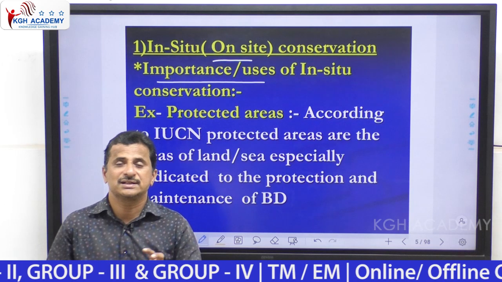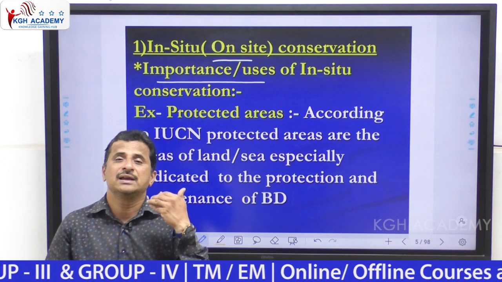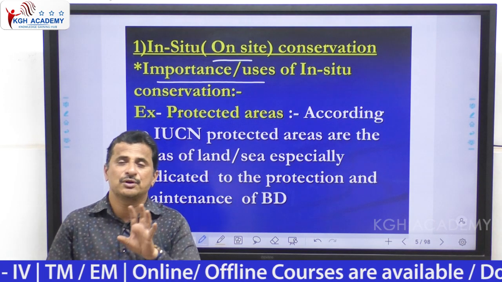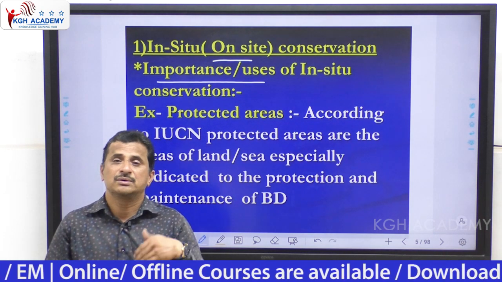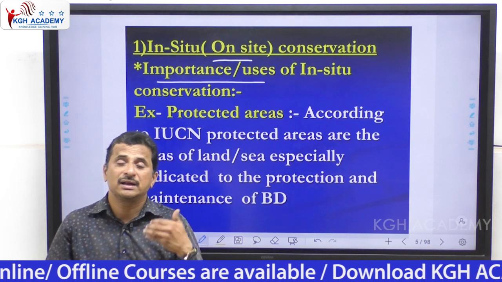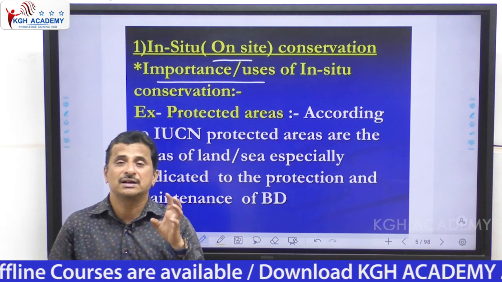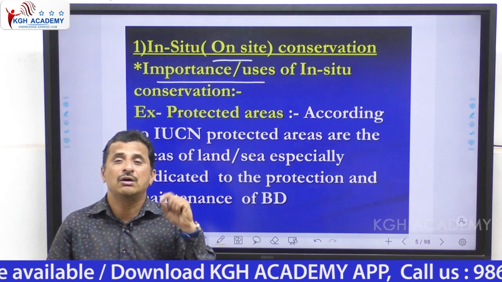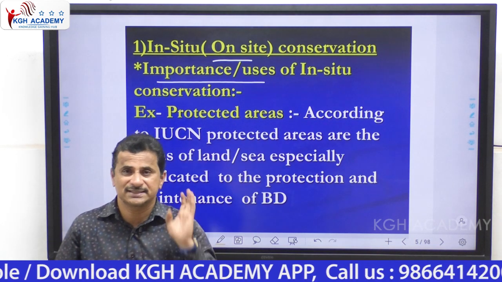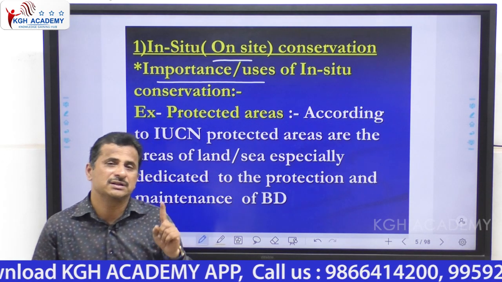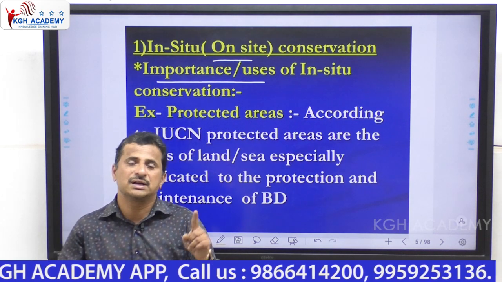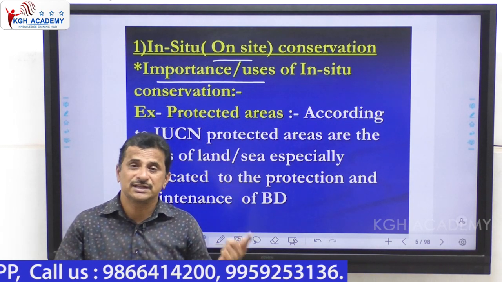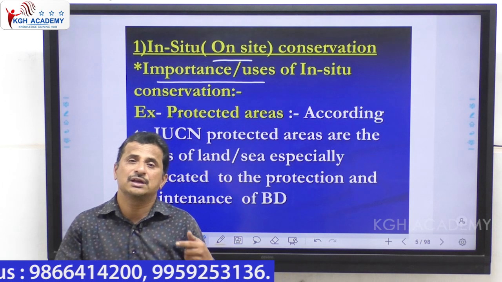In natural conditions, organisms automatically increase their number, with no need for special projects. Organisms also withstand and resist all environment-related changes. In ex-situ conservation, it is not always possible to survive in new areas, but in in-situ conservation, organisms grow in their own area.